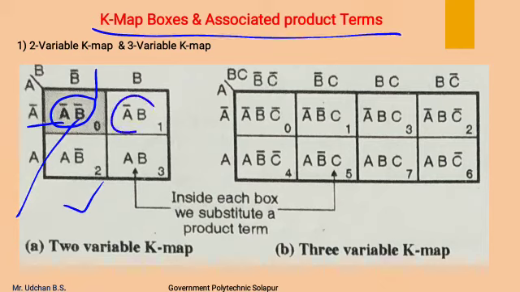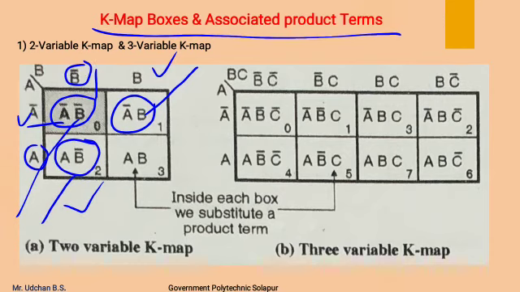This is the position which relates to A bar and B, so in this box we get the A bar B product term. For this position, A and B bar are related, so we get A B bar as a product term. And for this position, A and B are related, so we get AB as a product term.